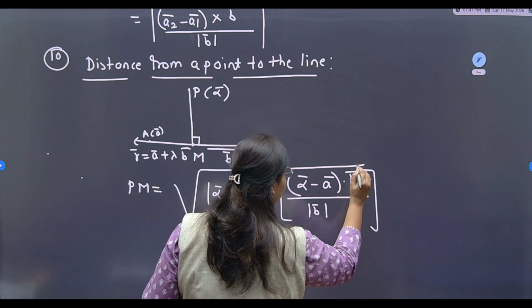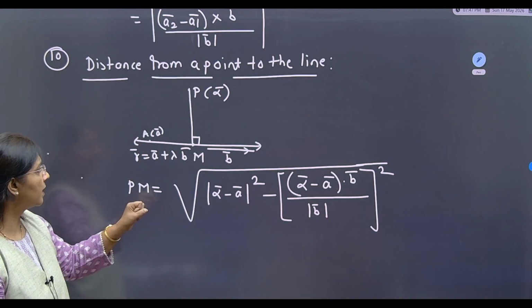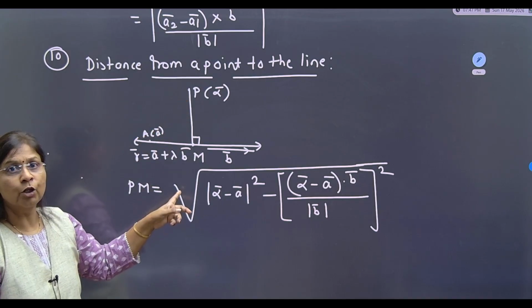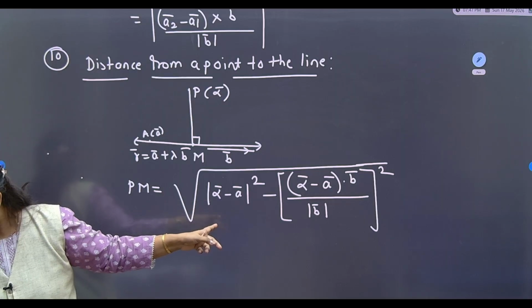Distance is always positive. This is the formula to find the distance from P to the line. PM equals the under root formula.